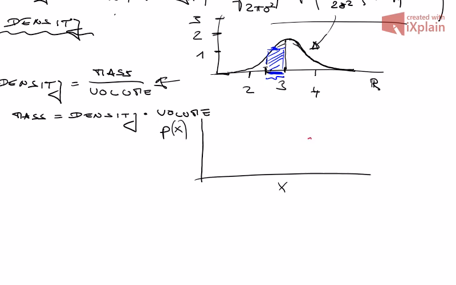Maybe I should give it a color so that you can see the difference between the axis and the function. Something like that. So that's now the probability density function.